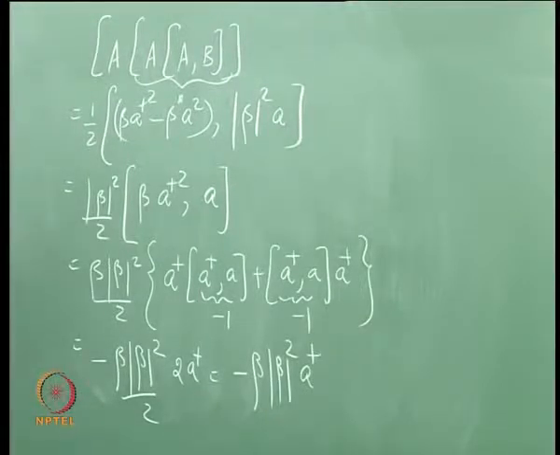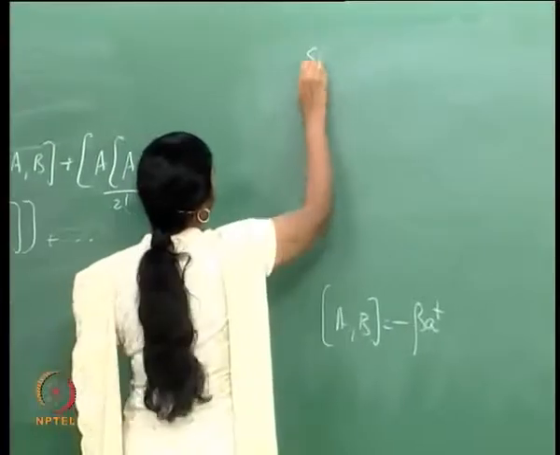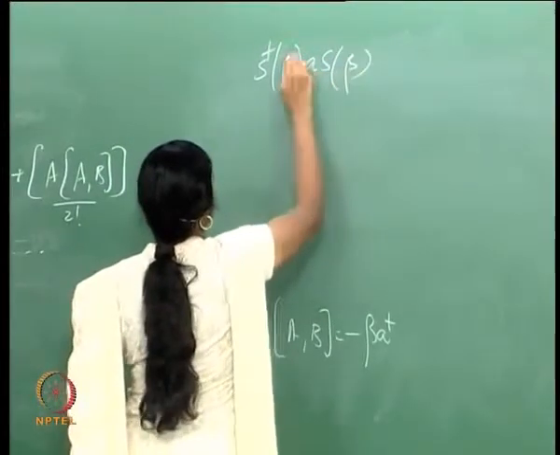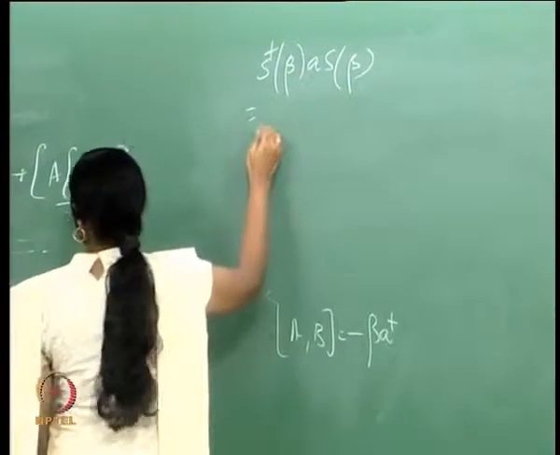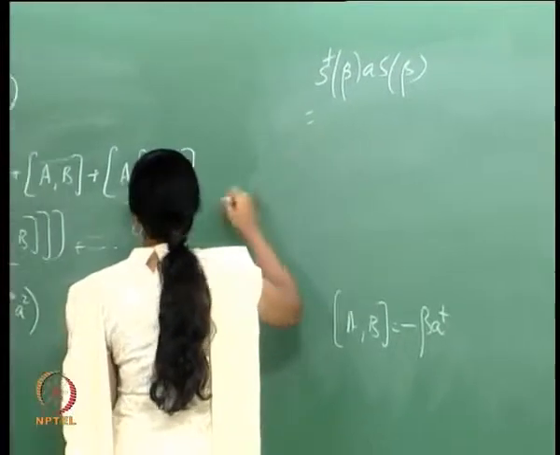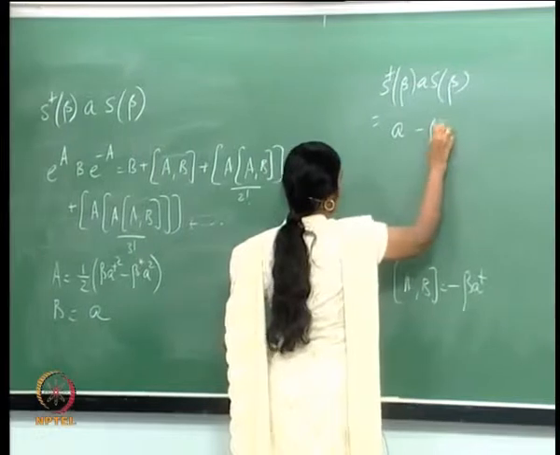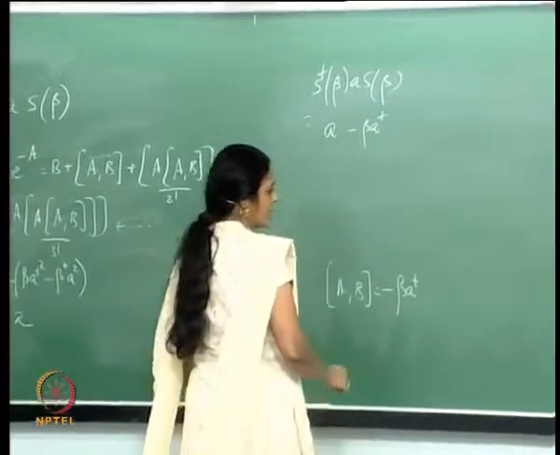So let us put down all the terms together, and therefore I have S dagger of beta A S of beta is simply A as the first term minus beta A dagger, that is the second term.